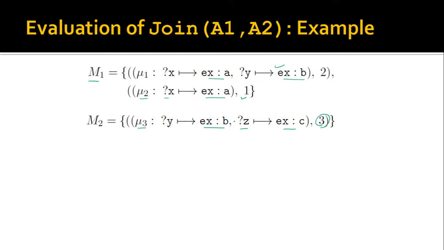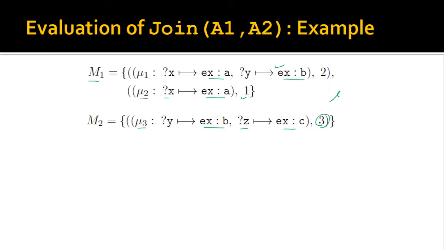Now whenever we talk about join, we need to compute J mu, and J mu is basically the set of compatible pairs, right? Now we take one from M1 and one other from M2. Now there are only two possibilities. We can take mu1 mu3 and mu2 mu3. Now let us take mu1 mu3.